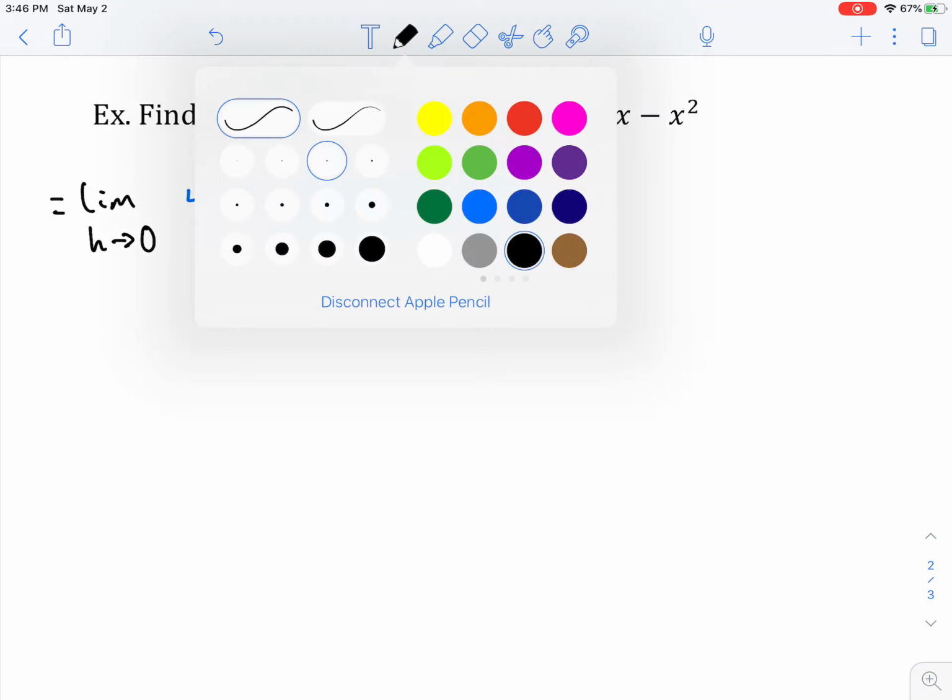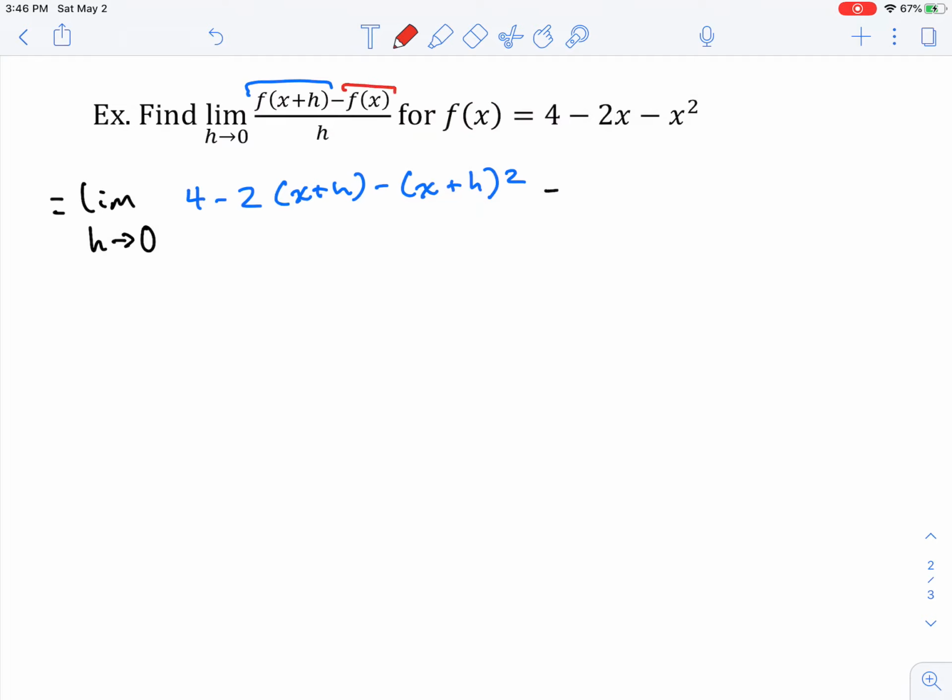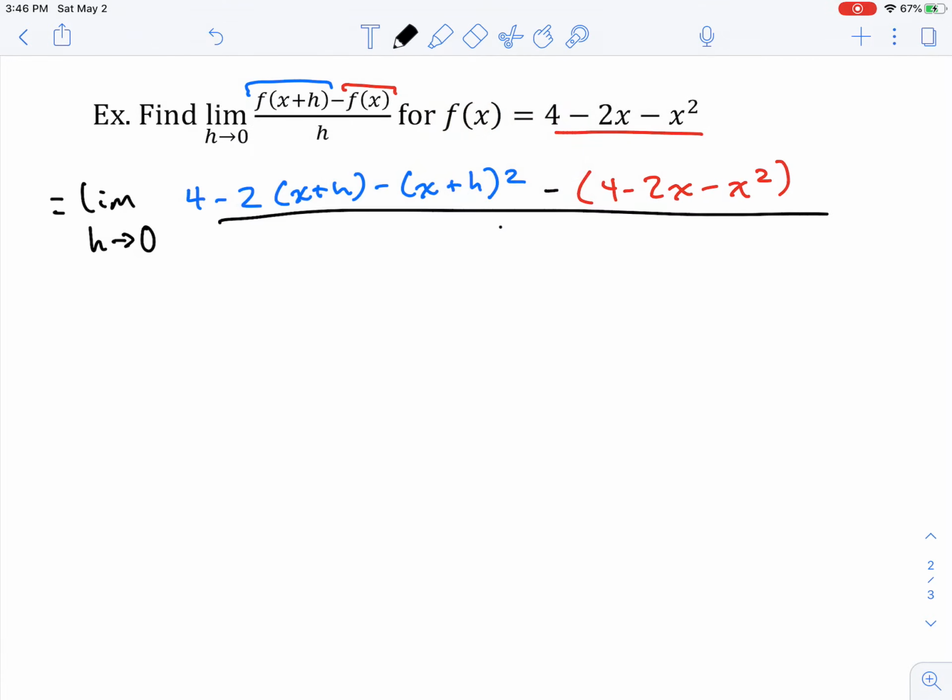Now, we're going to subtract what f of x is. And let me use red to highlight what I'm about to write as our f of x. Well, what is f of x here? Being really careful with our parentheses. F of x is just this right here. So we've got 4 minus 2x minus x squared. And all of this is over h. All right, so we're going to need to expand this out.